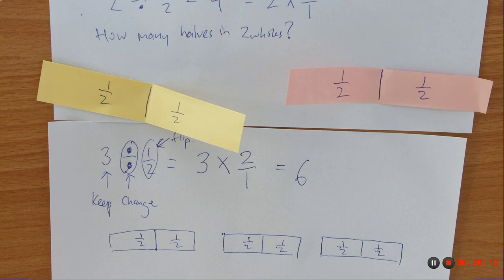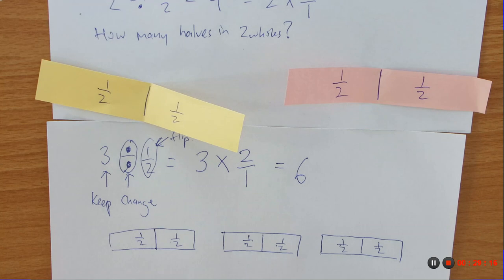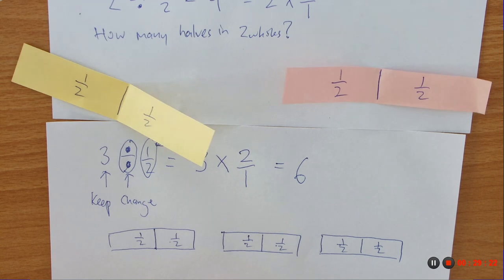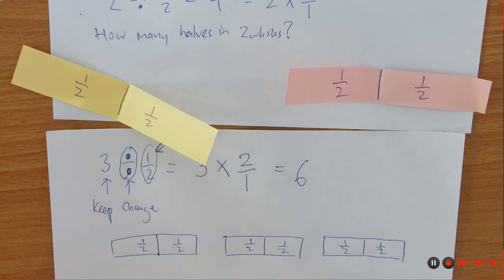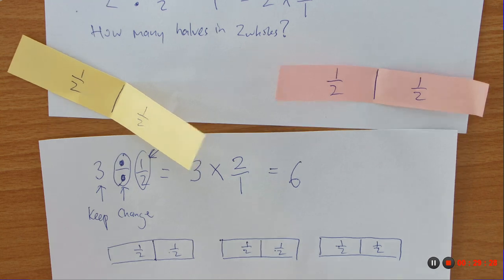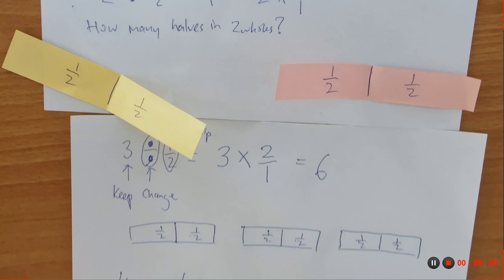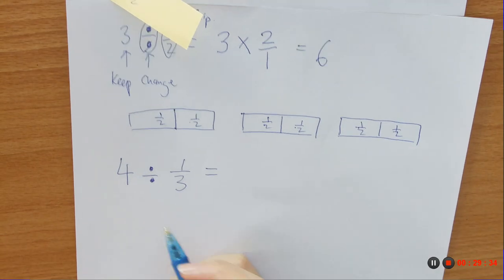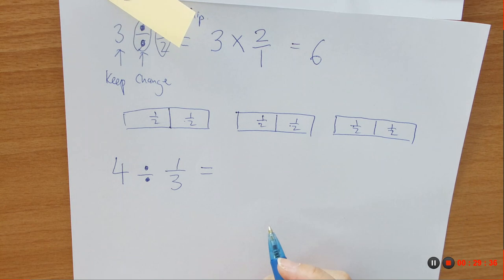Each one cut into thirds. The key question. How many thirds are there in 4 holes?